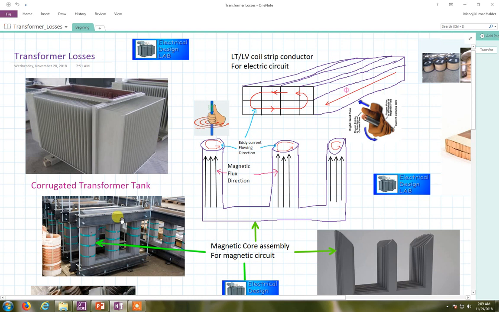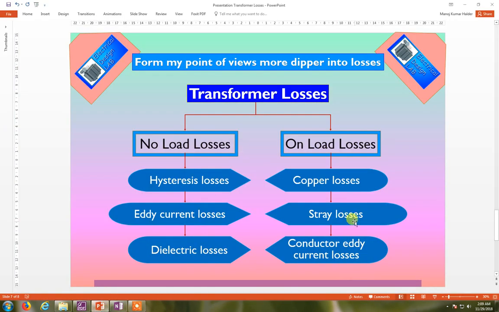So this metal angle and this body link with the leakage flux. Then some losses will occur in this body or metal bar because of eddy current, because flux is being cut by this, and these losses are called stray losses.